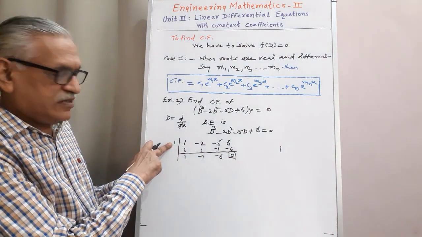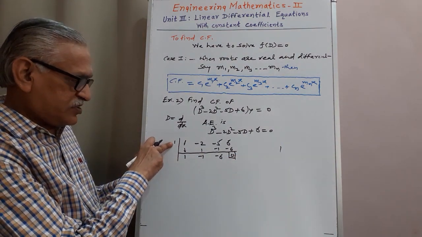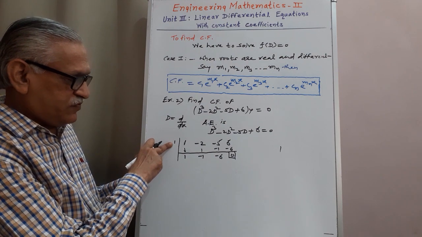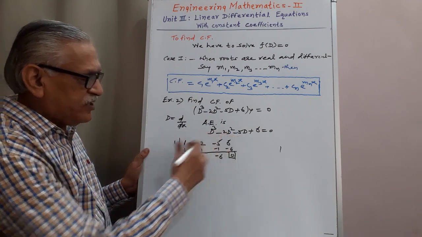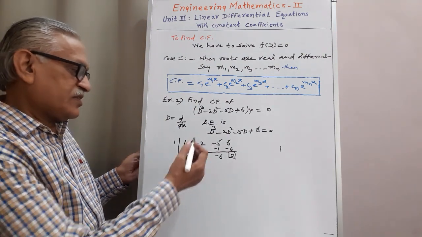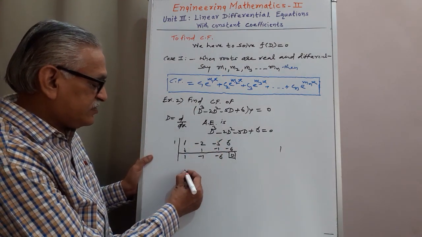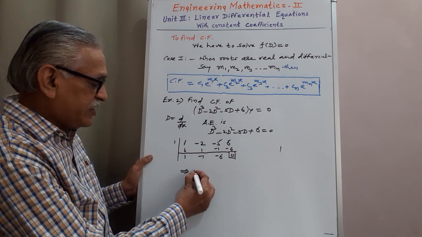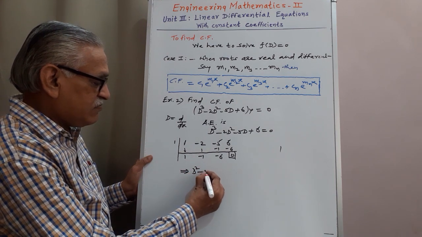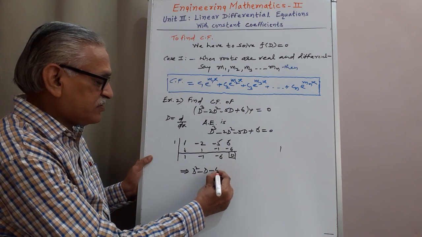And therefore 1 is the root. Then if we remove one factor from this cubic equation, the remaining term we get is D square minus D minus 6 equals to 0.